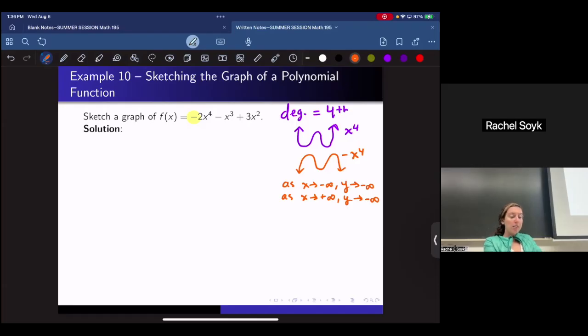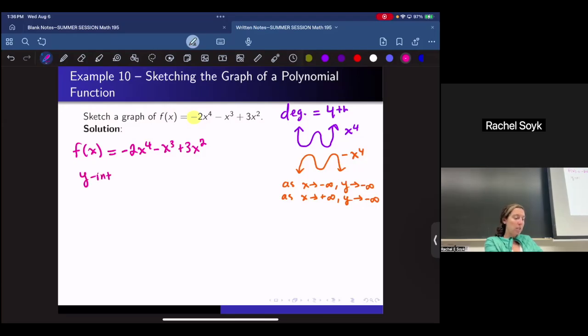Now they give us the function in our standard polynomial form, but we can clearly identify our y-intercept here. However, we're going to have to do some factoring in order to help us with finding our x-intercepts.